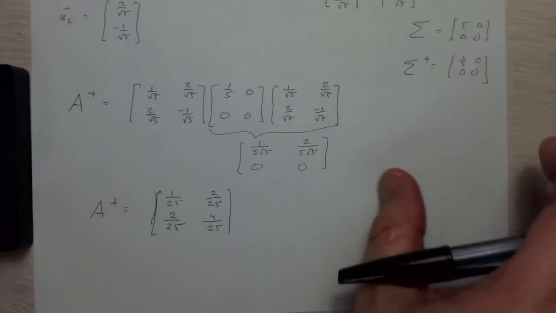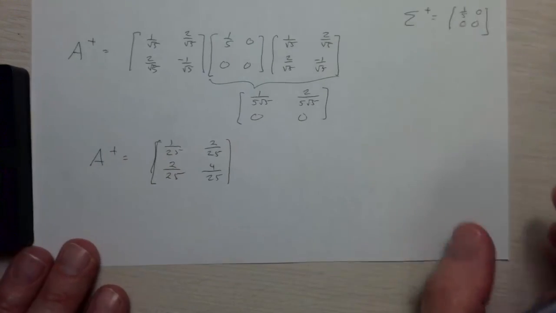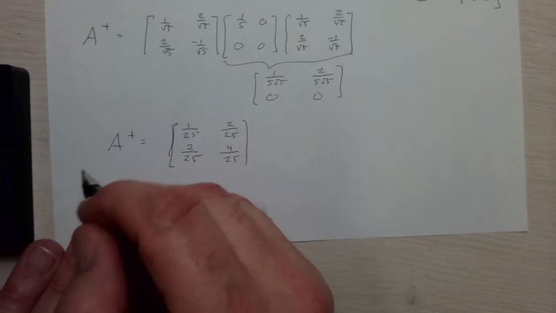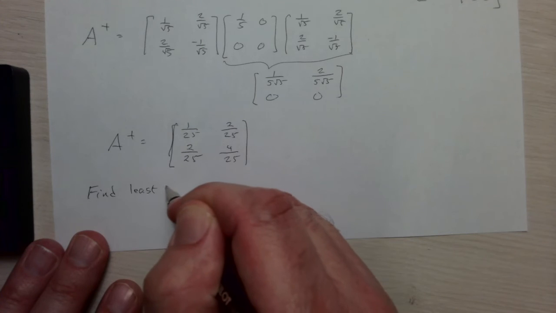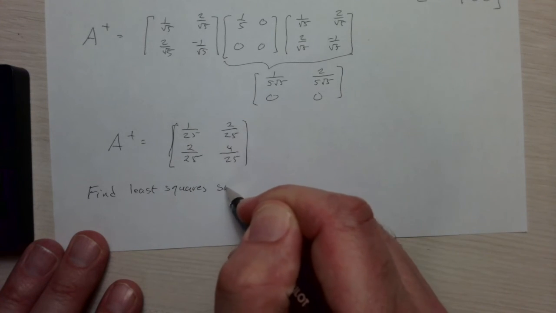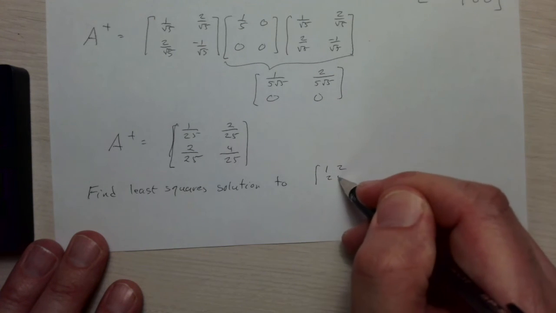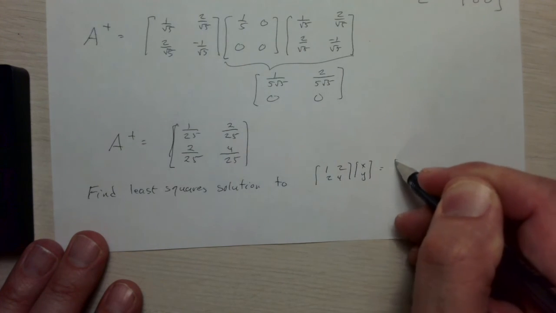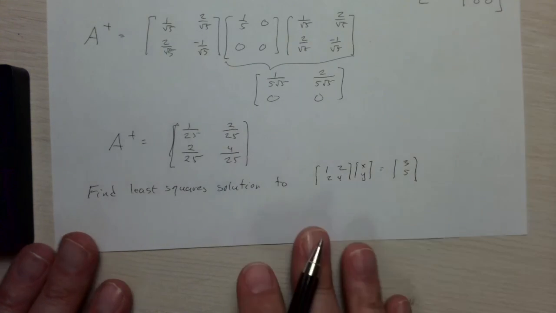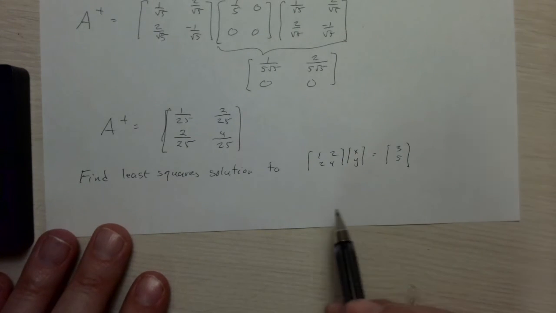So if we go back to the example we just did, let's say we wanted to find the least squares solution to, in this case, the matrix [1, 2; 2, 4] times (x, y) equals (3, 5). We would just take our pseudo-inverse here.